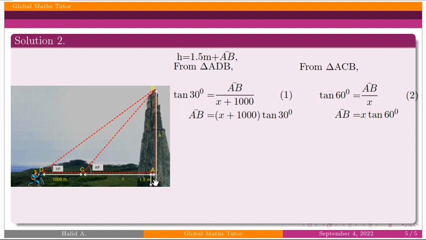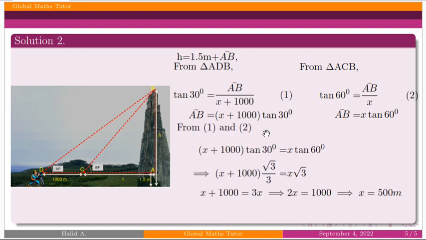For both of them, the opposite side AB has the same magnitude, so we can make these two values equal. From these two equations, AB is x plus 1000 times tan 30 degrees, which must be equal to x times tan 60 degrees.